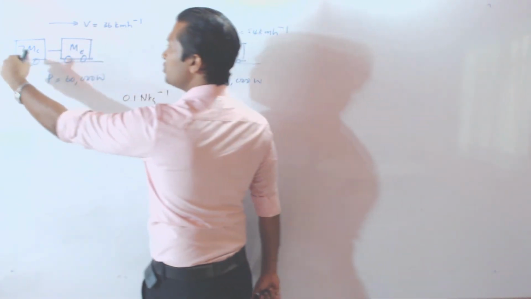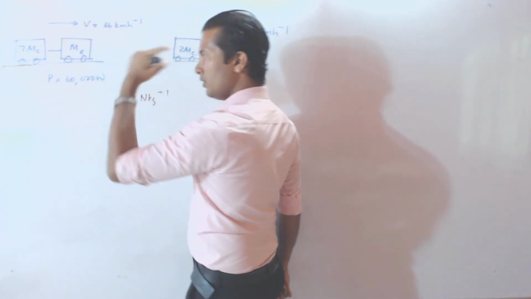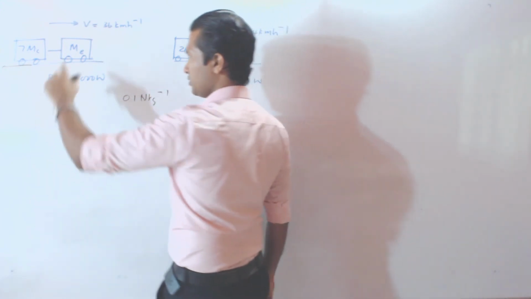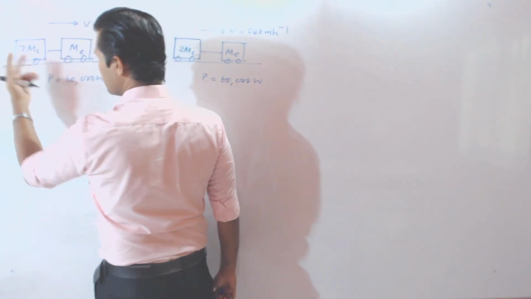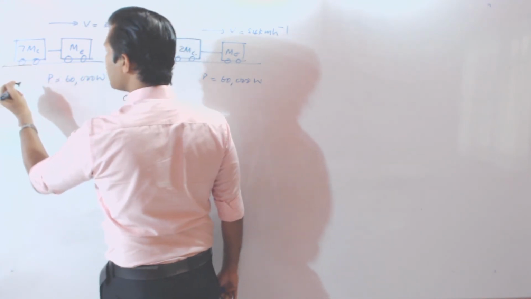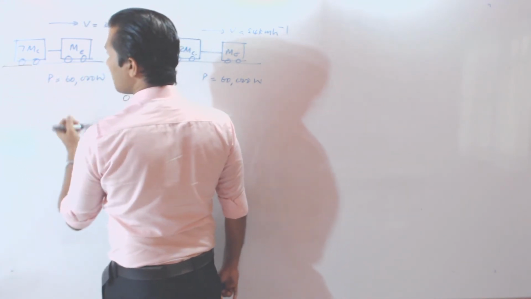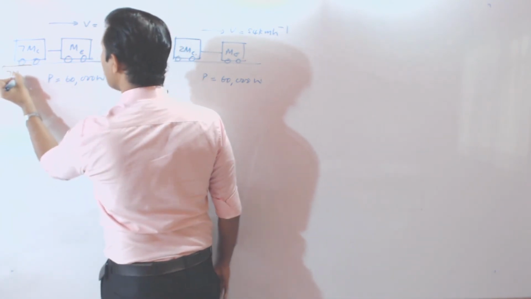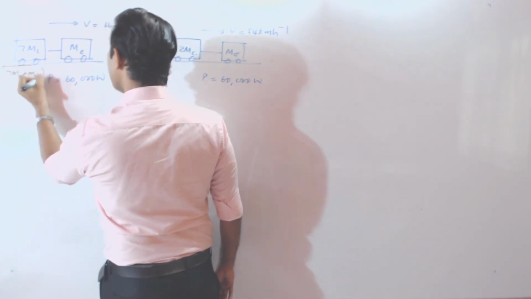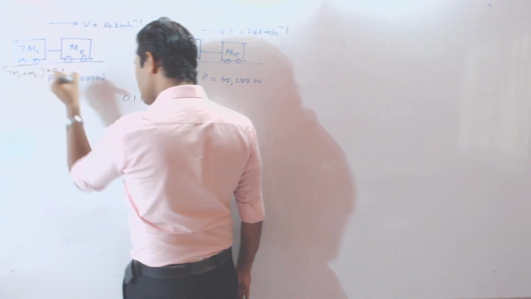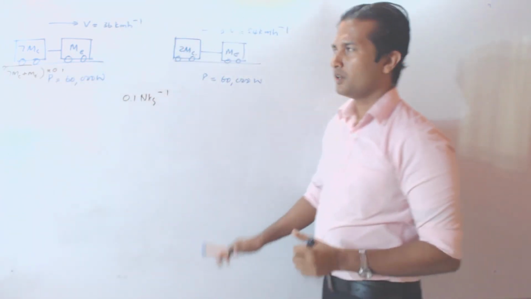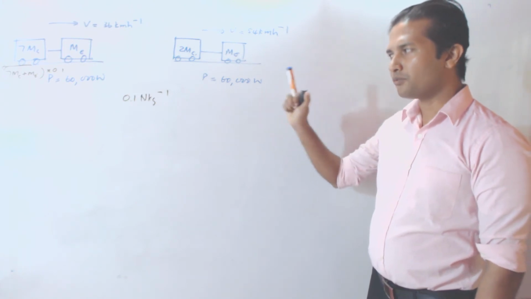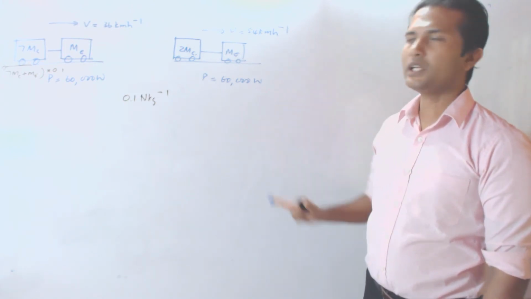So, how would you find the friction exerting on the system? You may have to consider the whole mass as 7 mc plus me, multiplied by 0.1 in order to find the friction, because friction is 0.1 newtons per kilogram.